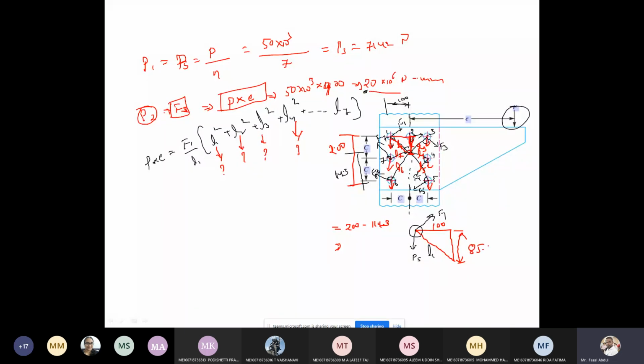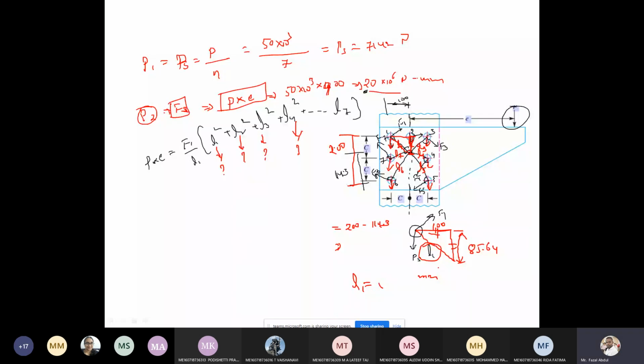Very good. So according to the Pythagoras theorem, this side value you know, and this side value also you know. Only the unknown value is L1. So now tell me the L1 value as per the Pythagoras theorem, in terms of mm.